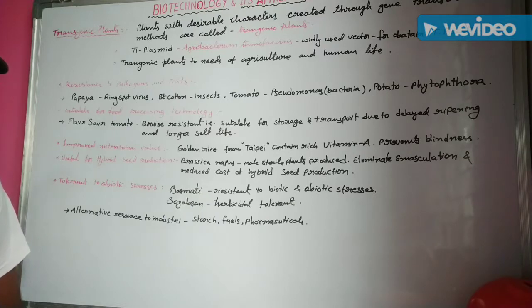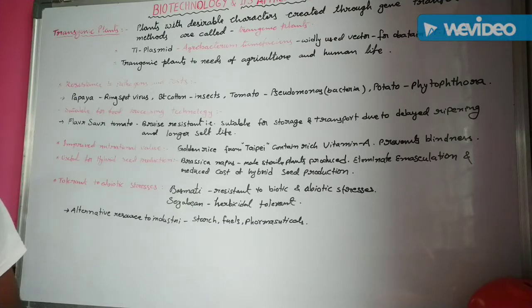Next one, utilization of plants as biofactories or bioreactors for obtaining commercially useful products. This means specialized medicines, chemicals, and antibiotics, which are produced on a large scale at the industrial level.